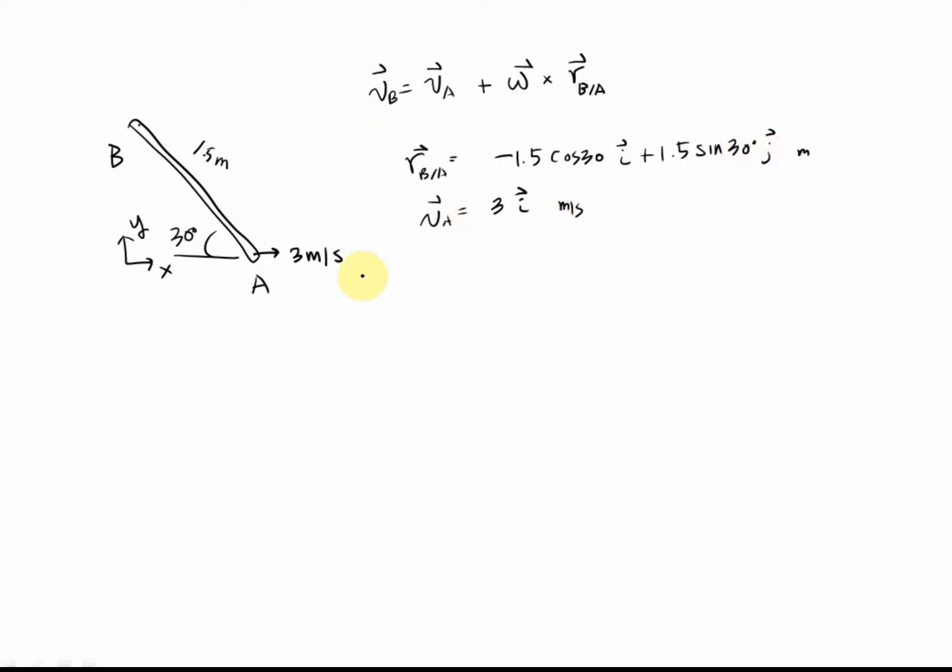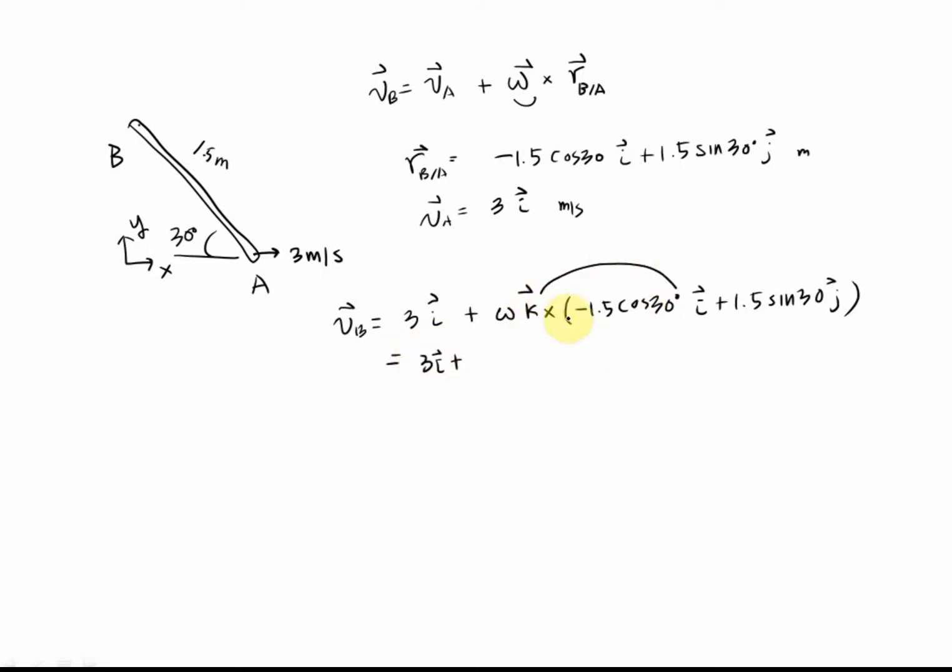So let's try to find the VB. Our VB is equal to 3I plus omega, I do not know what omega is, so I just use omega k, cross product with minus 1.5 cosine 30 I plus 1.5 sine 30 J. Then this is 3I, and if you do the cross product between k and I, that should be J, right?